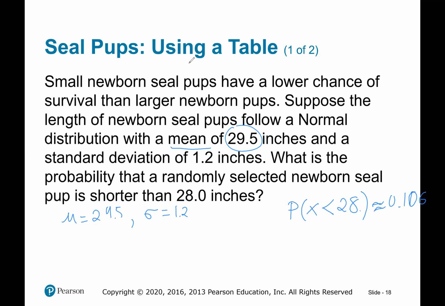Firstly, the strategy is to convert the normal distribution, where the mean is 29.5 and the standard deviation is 1.2, with 28 here.